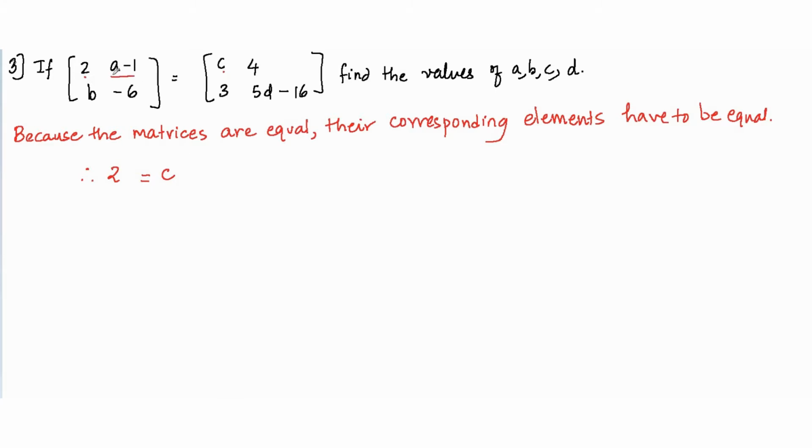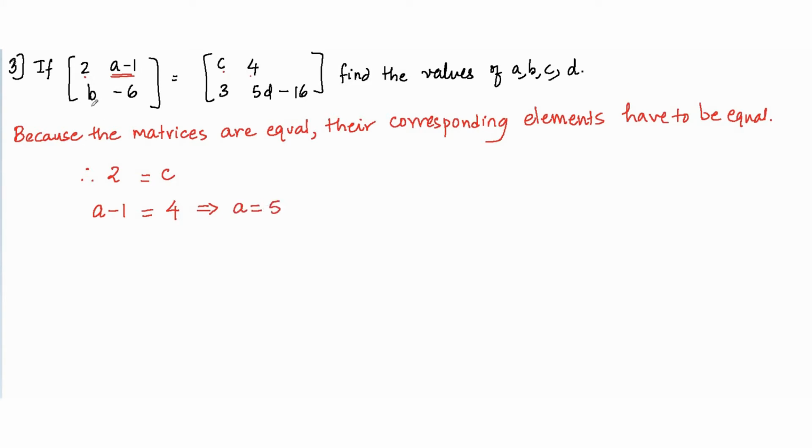The first row second column element on the first matrix is a minus 1. So a minus 1 should be equal to the first row second column element of the second matrix. So a minus 1 should be 4, which implies a has to be equal to 5.